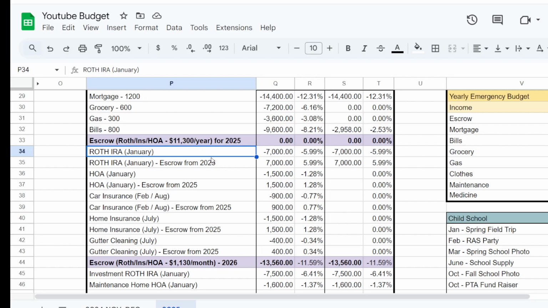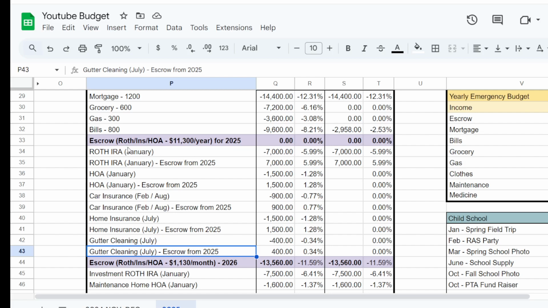So I took out all my known large expenses for the year, not the small ones. In the past 4 or 5 years, when I was tracking my expenses, these necessary expenses have always caught me off guard, and it just threw my budget for that month completely out, and it was messing me up a lot.